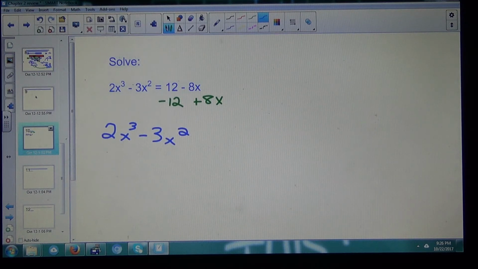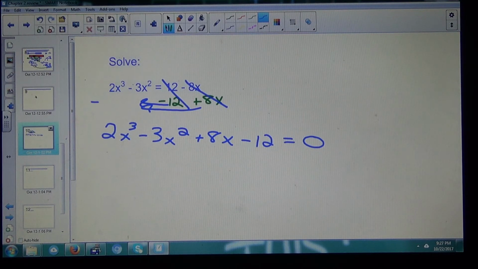I'm going to put these in the correct order, so when I move them over, the plus 8x would be first, and the minus 12 would be at the end, and it equals 0, because these guys canceled on this side. We do one side and do the other. Okay, so there's 0 on this side, so that's why it's equal to 0 on the right.